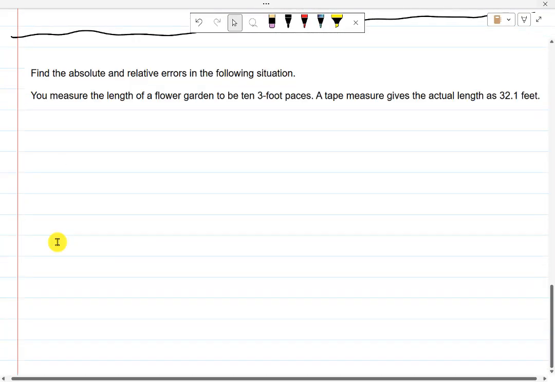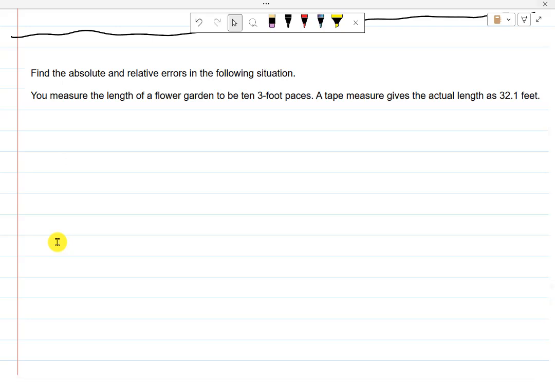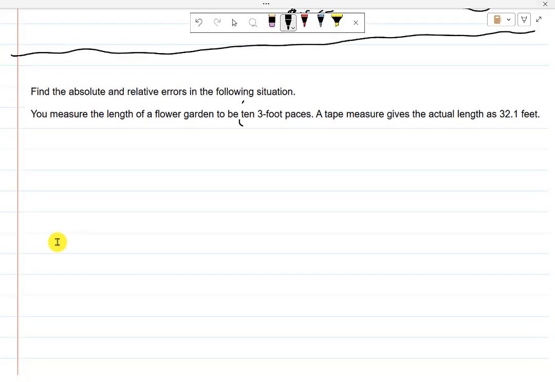Here we are measuring a flower bed by walking around it and guessing our footsteps. So we have 10 3-foot paces. So that's a total of 30 feet. Of course, there's our measured value right there. So let's go ahead and do our absolute error.